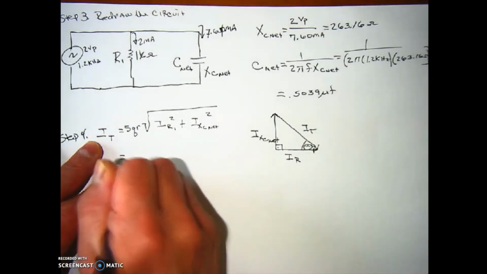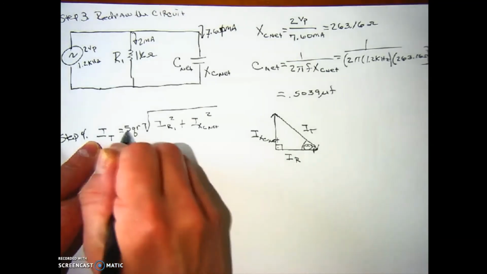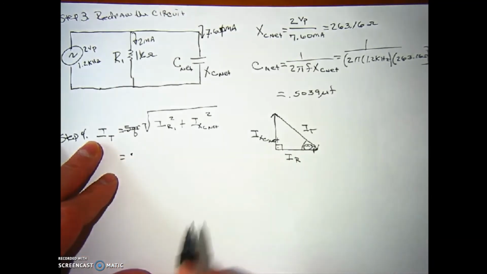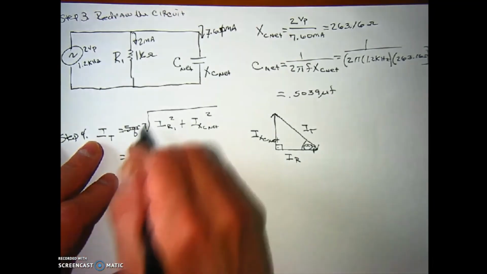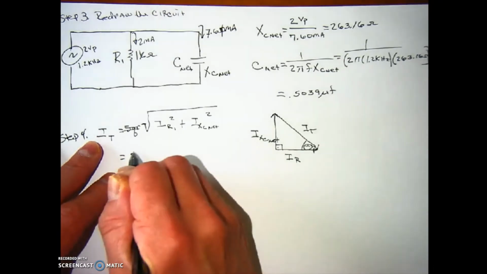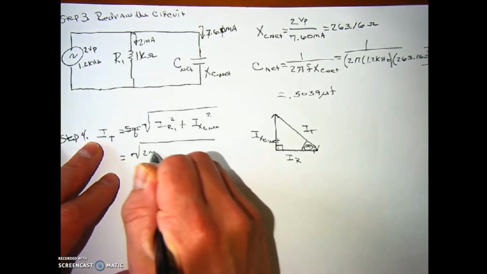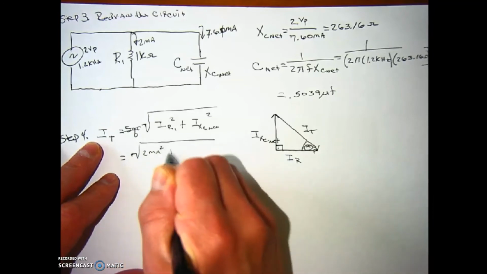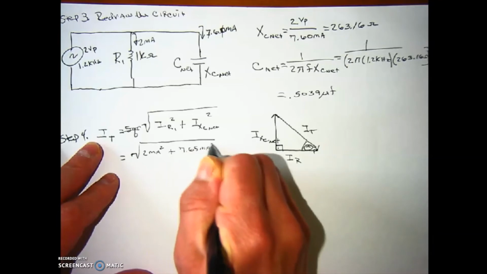I didn't need to do that. I'm used to drawing things out like that, but sorry about that. So this is going to be equal to the square root of 2 milliamperes squared plus 7.65 milliamperes squared.